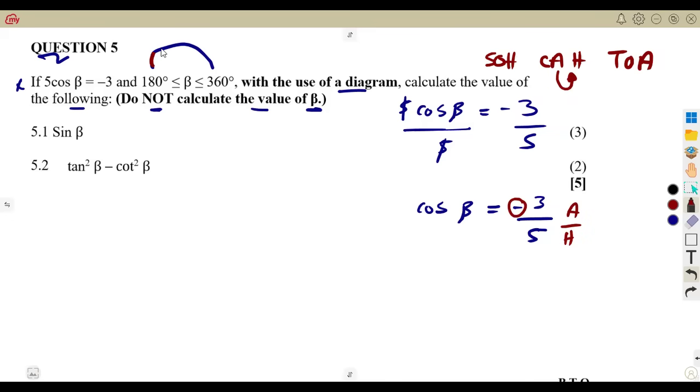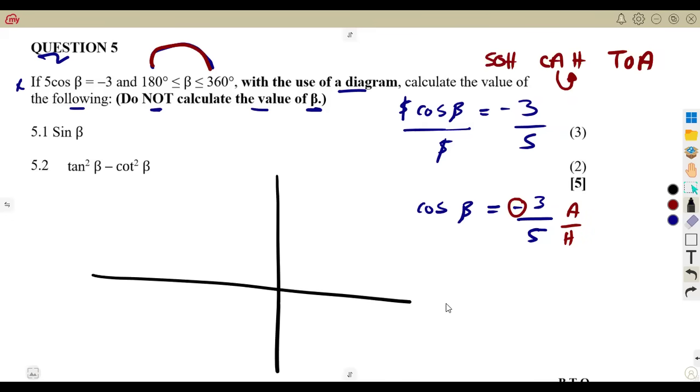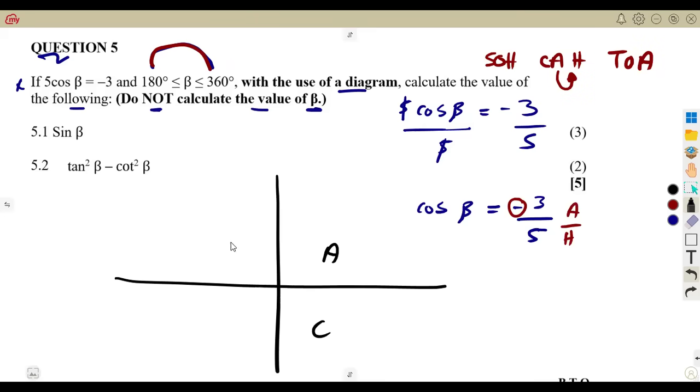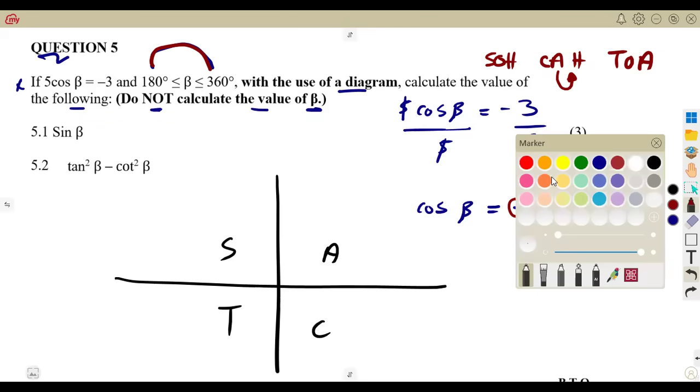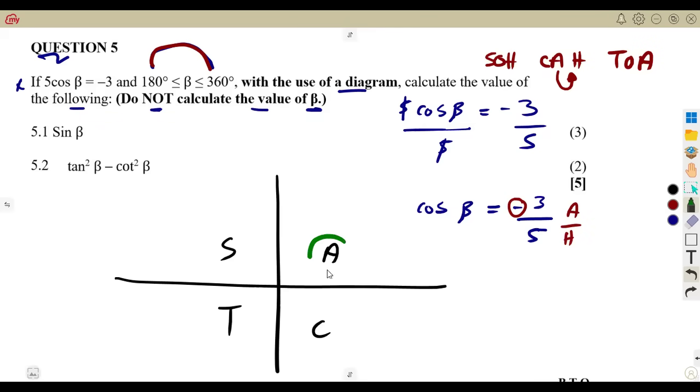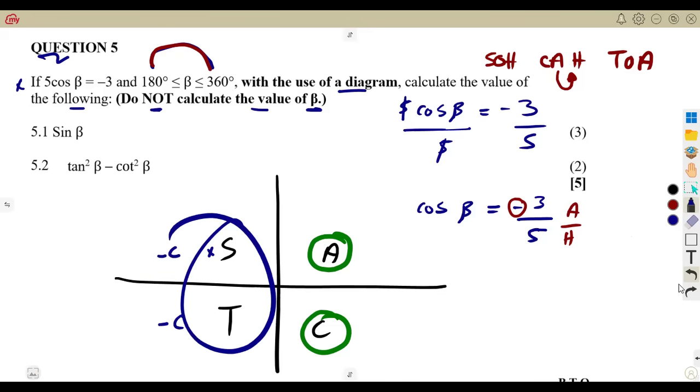That is where this interval plays a role to say where cos is negative from our CAST concept. All right, let's start with where cos is positive. Cos is positive where? All and C. In this quadrant of C, cos is positive. It is negative in this quadrant. And in this quadrant where we do not have C, cos there is negative.